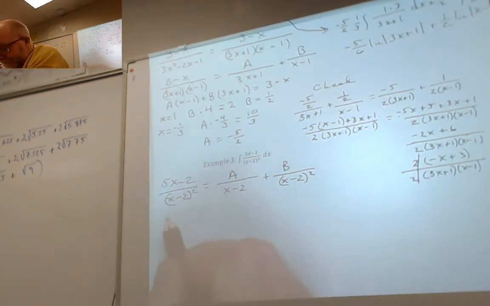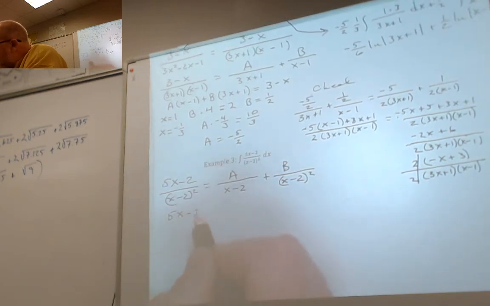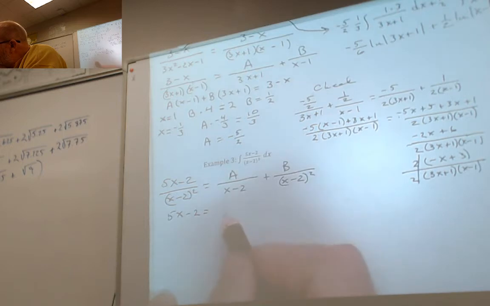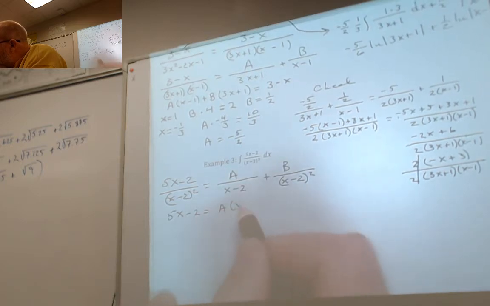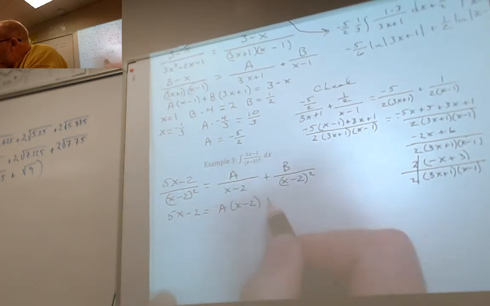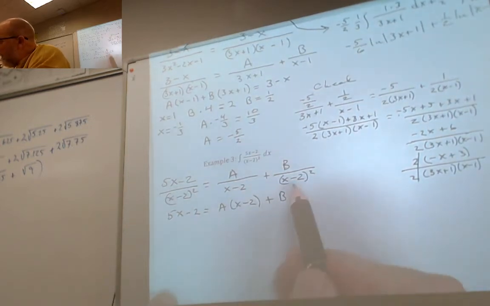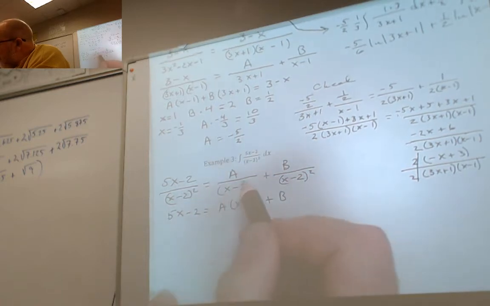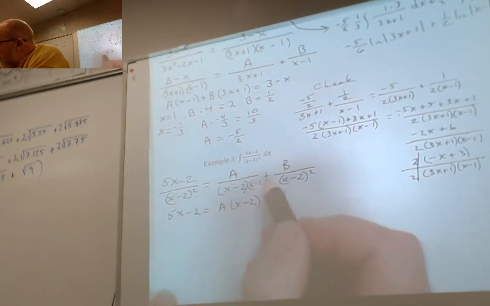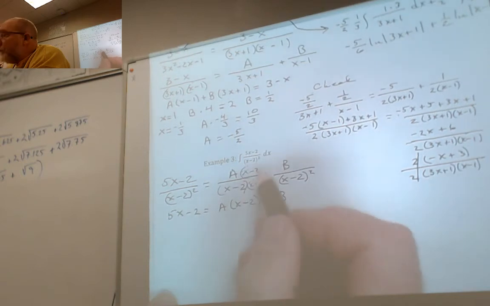That means 5x minus 2 is going to equal a times x minus 2 plus b. Since this already has this as the denominator, I'm going to be multiplying this by x minus 2 and this by x minus 2.